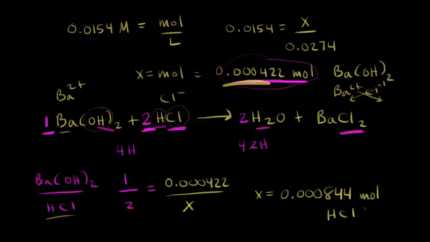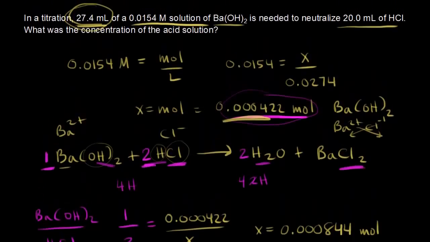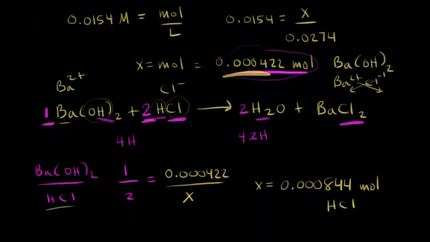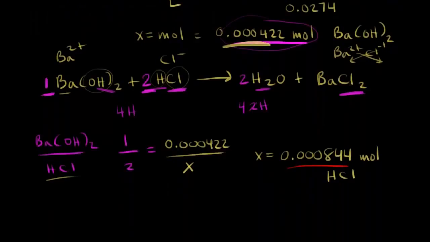All right, so finally, we just have to calculate the concentration of our acid solution. Let's go back up here so we can see what we started with. We started with 20 milliliters of HCl, and 20 milliliters would be, move our decimal place, 0.0200 liters. So now we have moles and we have liters, so we can calculate the concentration.